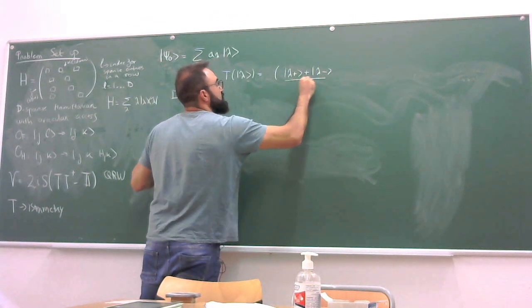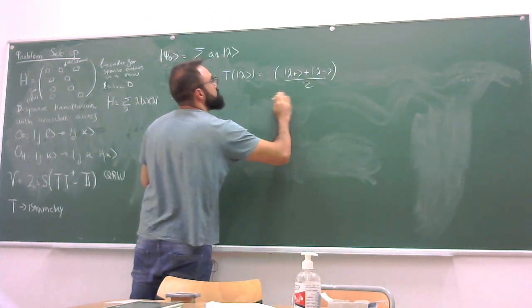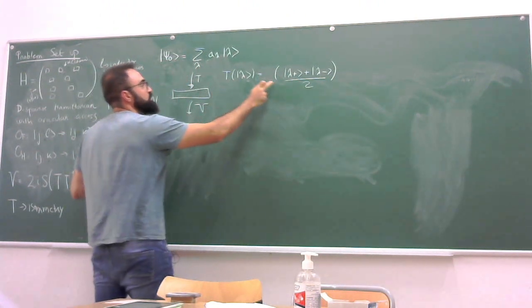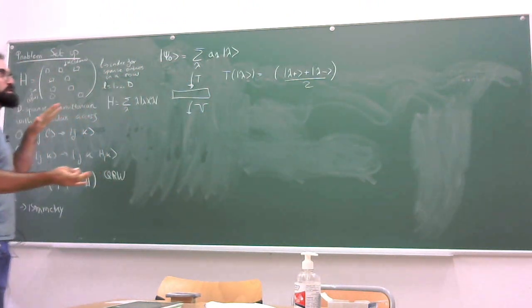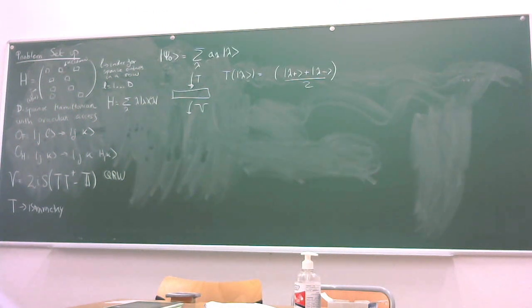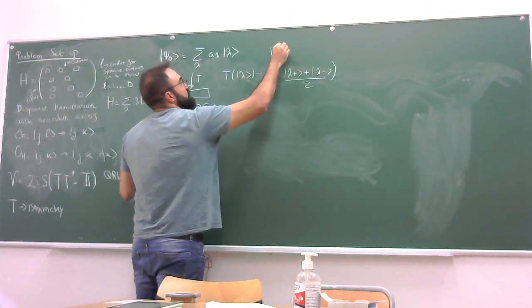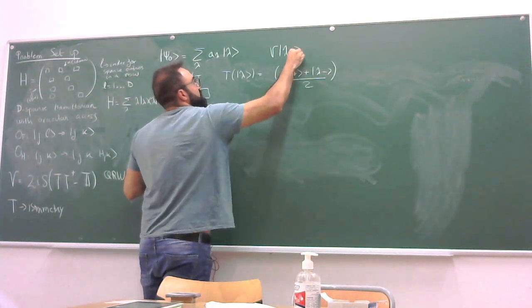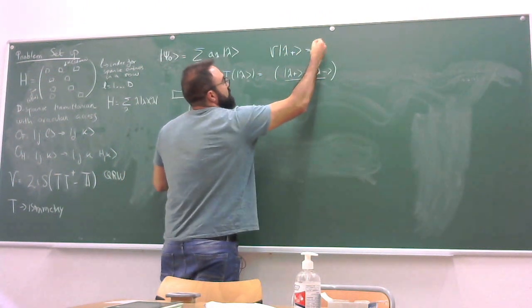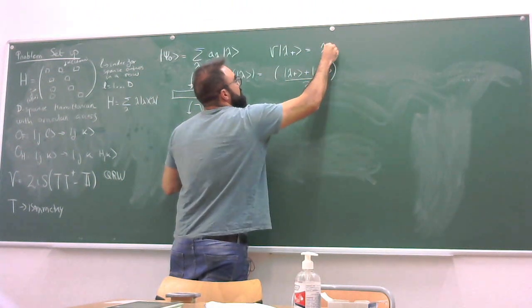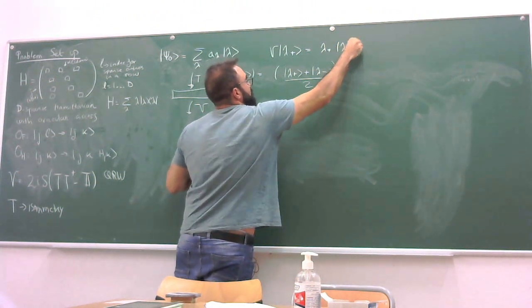So after applying the isometry, we are enlarging our Hilbert space and going into a superposition of two eigenstates of this operator here. So we have an eigenstate with eigenvalue, let's call it lambda plus, and the same for lambda minus.